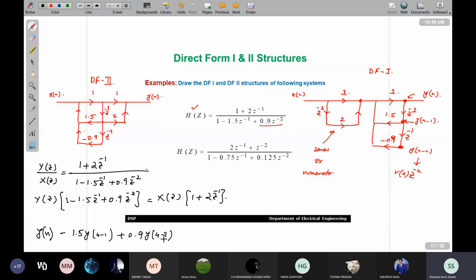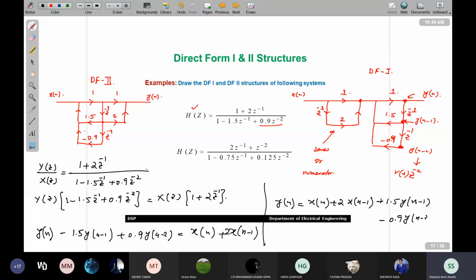Because of this z minus 2, it is y of n minus 2, and that's equal to x of n plus 2x of n minus 1. और स्टैंडर्ड फॉर्मेट में अगर आप लिखेंगे तो that would be y of n is equal to x of n plus 2x of n minus 1 plus 1.5 y of n minus 1 and minus 0.9 y of n minus 2. Now look at the coefficients and their signs.